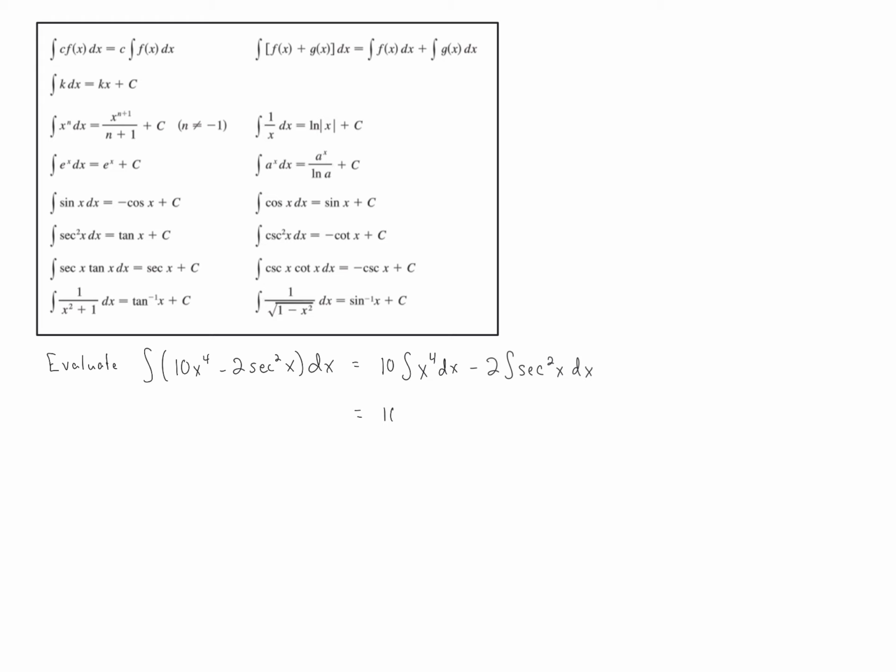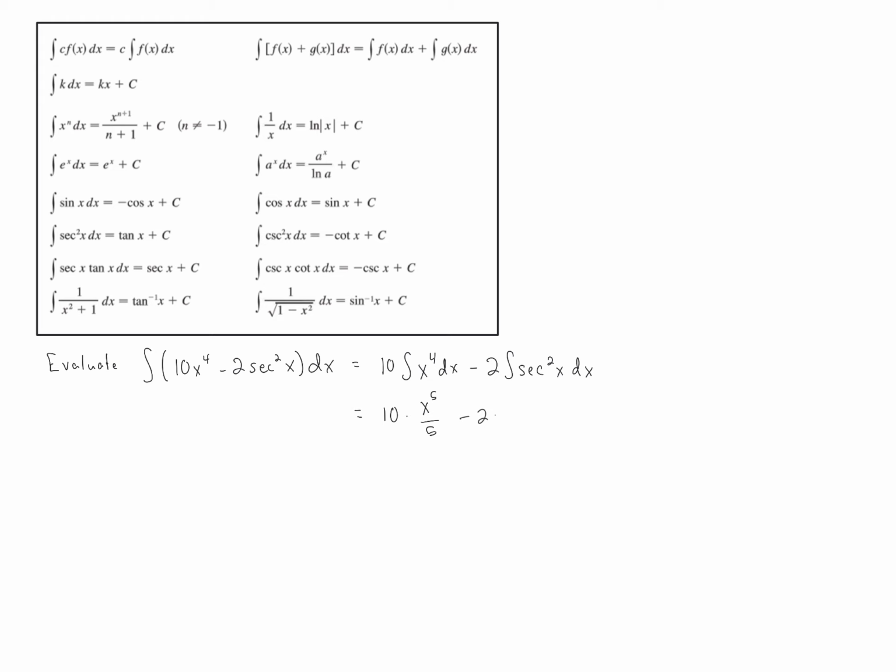So we've got 10 times, well, the integral of x to the fourth is x to the fifth over 5 plus a constant, but we're going to leave the constant for the end because each one of these is going to give us a constant, and the difference of two constants is another constant. So we don't need a constant for each. So that one was x to the fifth over 5, and then minus 2 times, what is the integral of secant squared?